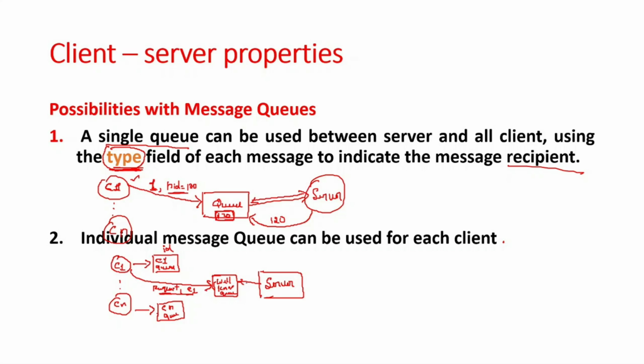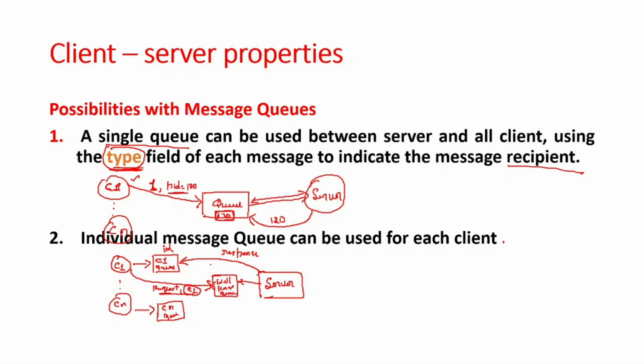Now the server will read whatever the client had sent, and it will come to know the client-specific queue ID. Based on the message queue ID specified in the request, it will understand where to send the response.